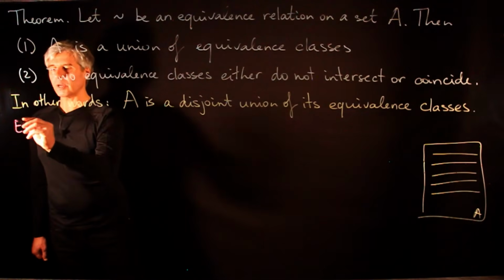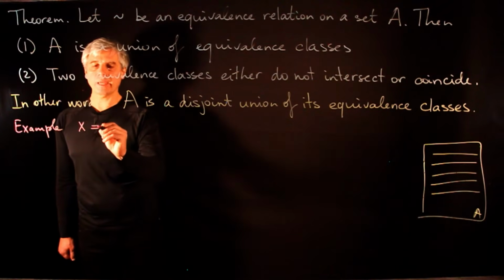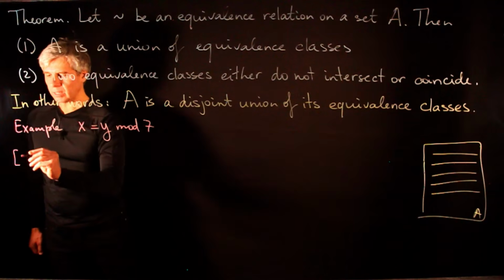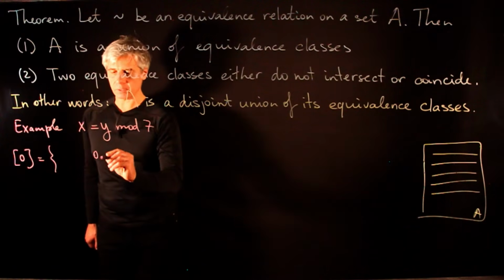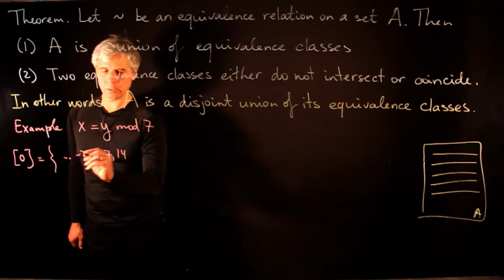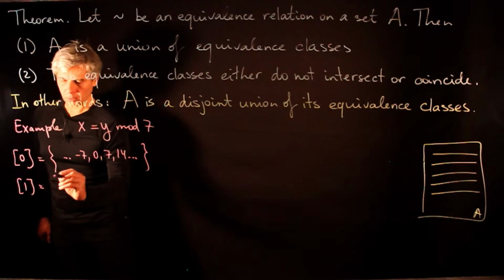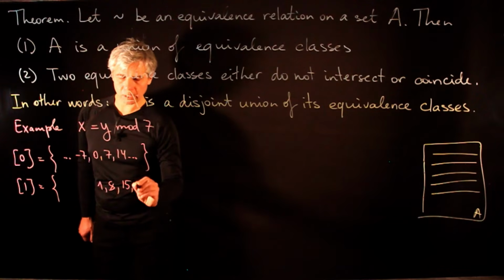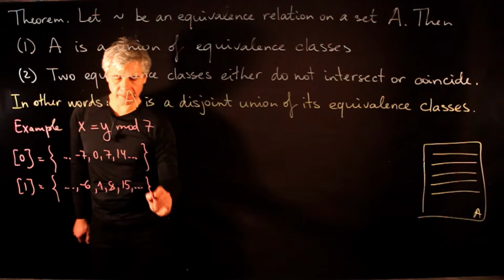Now let us look at our example of the relation when x is equal to y mod 7. Here we have a class of 0, which is the set of all multiples of 7, so 0, 7, 14, and minus 7, and so on. Then we have a class of 1, which is 1, 8, 15, so these are all integers that have remainder 1 after division by 7.